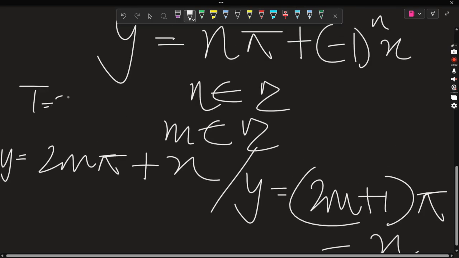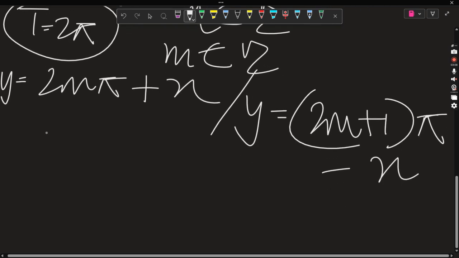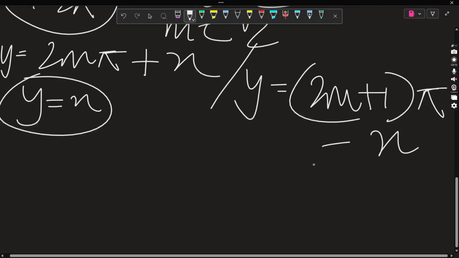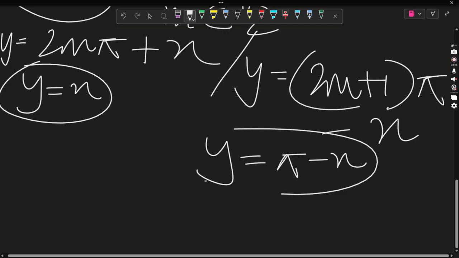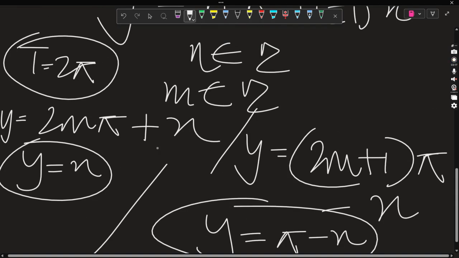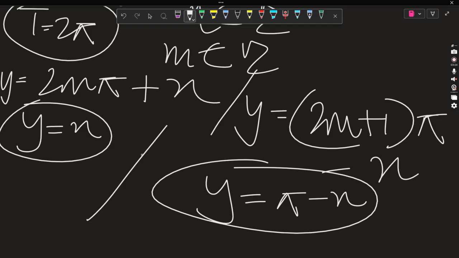And since the periodicity was 2 pi, after every 2 pi interval the same thing will repeat. So y is equal to x from here, and in this case we get y is equal to pi minus x. So we have broken the function into two cases. We'll plot the graph for these two cases, and then we'll just copy it down for the other ones.